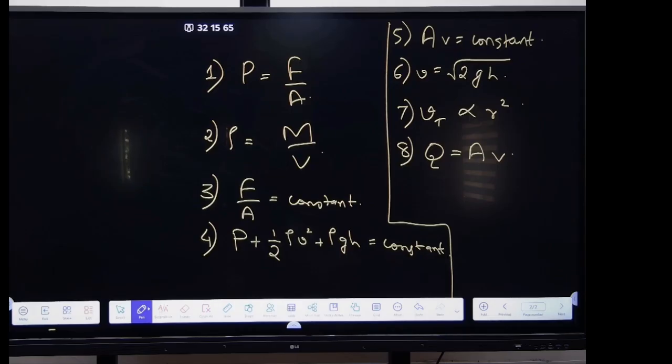Three liquids of equal masses are taken in three identical cubical vessels A, B, and C. Their densities are rho A, rho B, and rho C respectively, where rho A is less than rho B, less than rho C. The force exerted by the liquid on the base of the cubical vessel is: option 1, maximum in vessel C; option 2, minimum in vessel C; option 3, the same in all the vessels; option 4, maximum in vessel B.